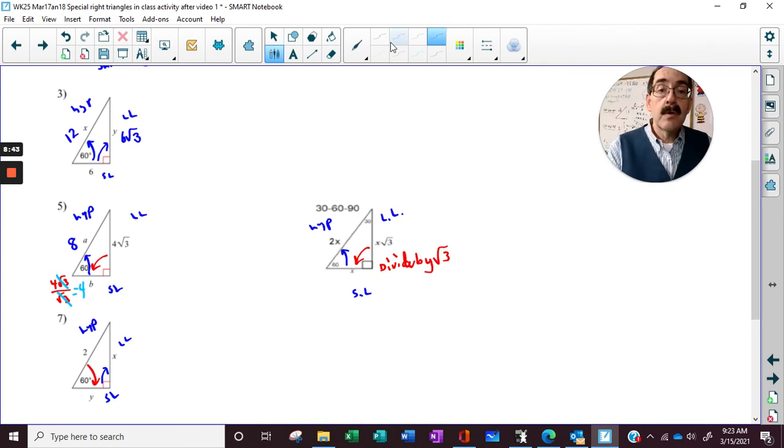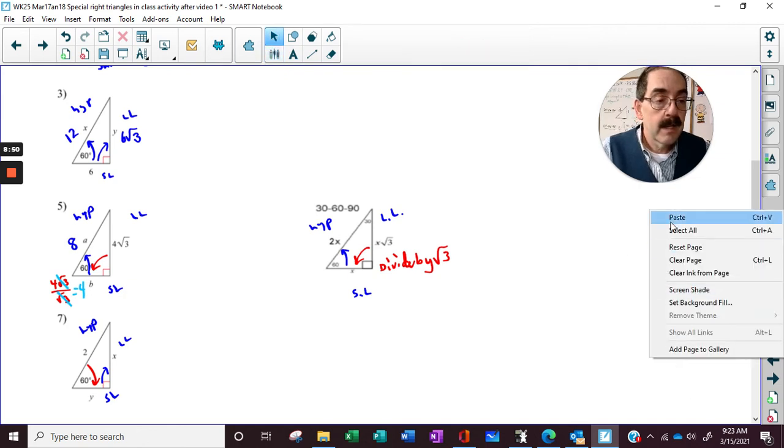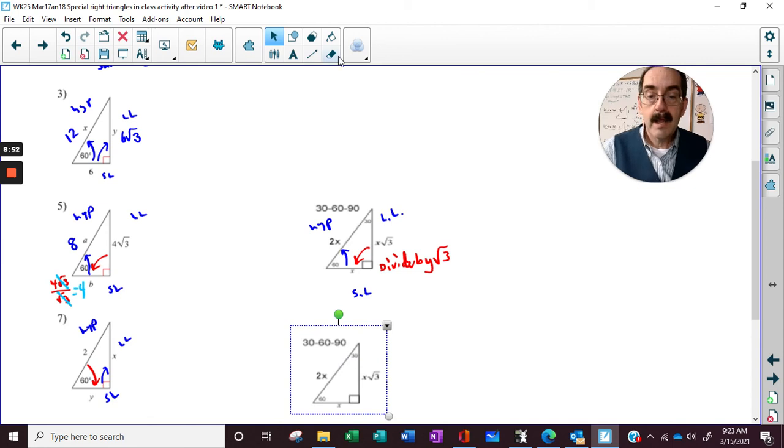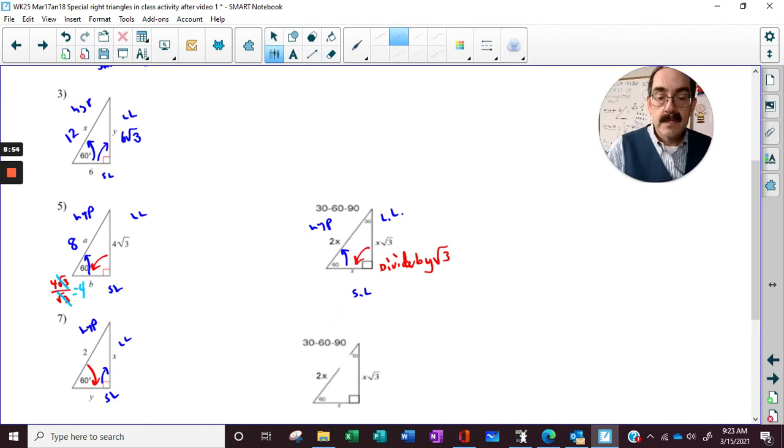So we're going to divide by 2. So this is going to be 2 over 2, which is 1. Then we multiply, we have 1 radical 3.